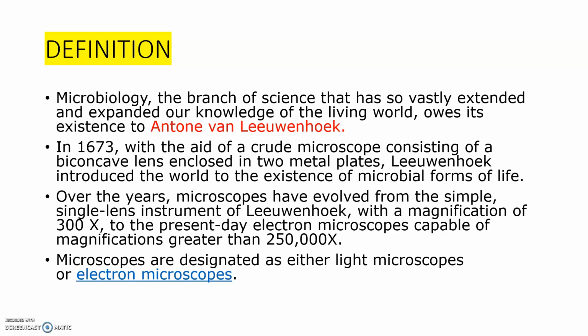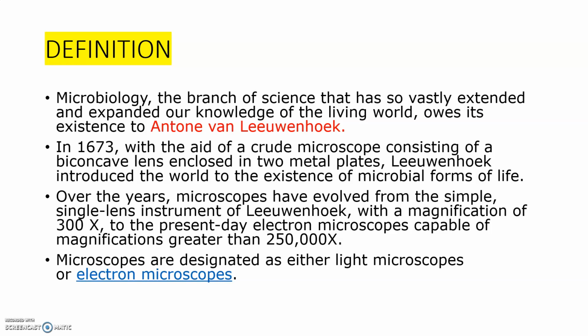So once more I am briefly explaining about microbiology. Over the years, microscopes have evolved from the simple single lens instrument of Leeuwenhoek, with a magnification of 300x, to the present day electron microscopes, which are capable of magnifications greater than 250,000x.